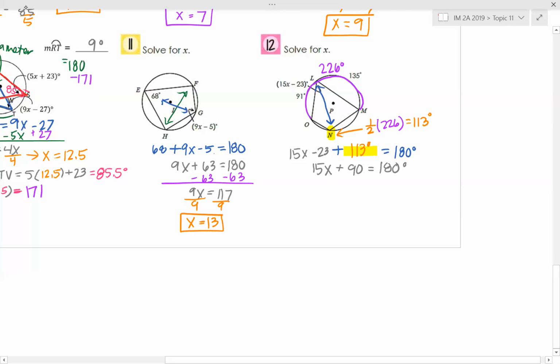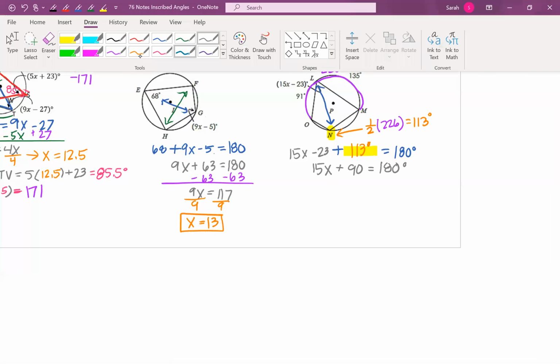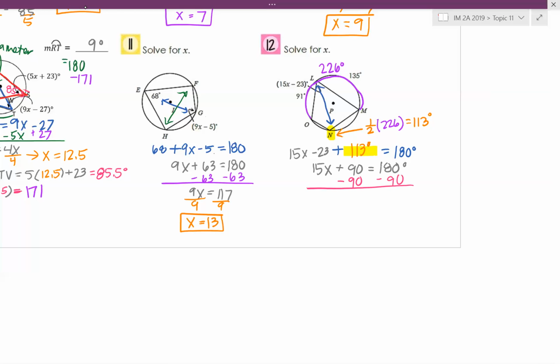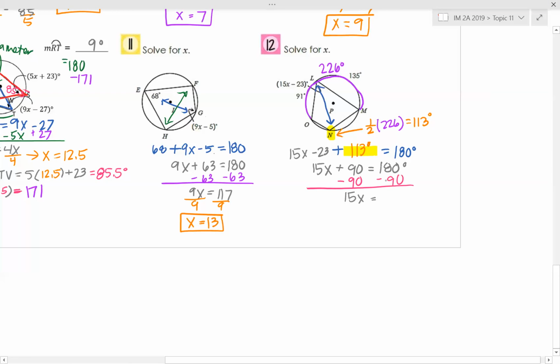And then if I subtract 90 from both sides, that gives us that 15x equals 90. And then if I divide 90 by 15, that gives us that x is equal to 6.